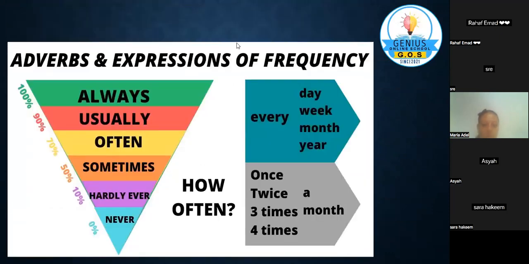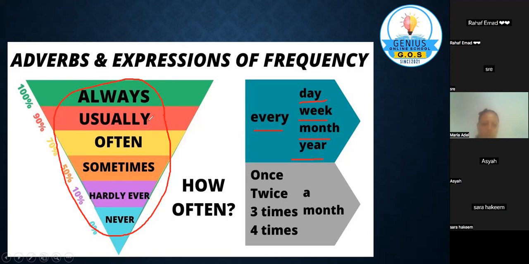Let's continue. Here are all the adverbs or expressions of frequency: always, usually, often, sometimes, hardly ever, and never. And here a specific number of times, where I can say every day, every week, every month, every year. Here I'm more specific.